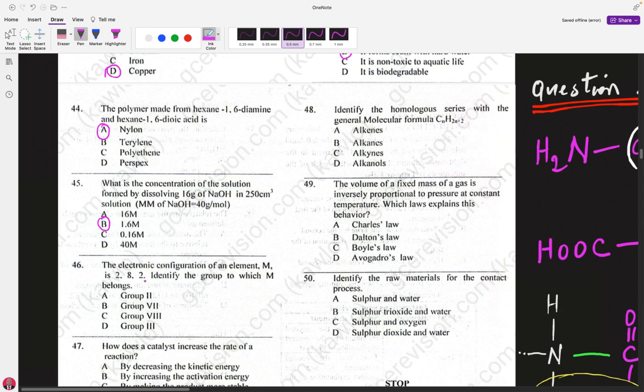Because I said the groups are arranged based on the number of outermost electrons. Group 2 have 2 outermost electrons, or what we call valence electrons. So our answer for 46 is A.